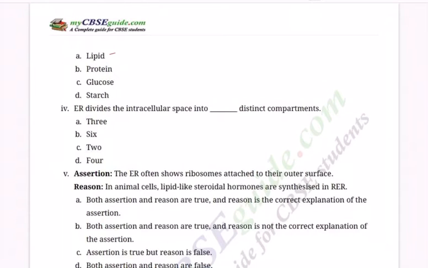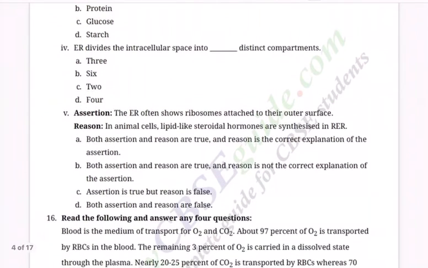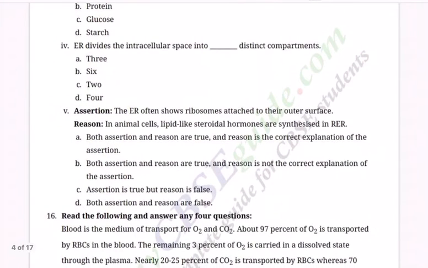Endoplasmic reticulum divides the intracellular space into dash distinct compartments. A. 3, B. 6, C. 2, D. 4. And 5th, assertion: The endoplasmic reticulum often shows ribosomes attached to their outer surface.